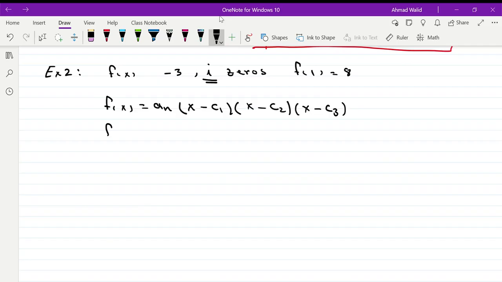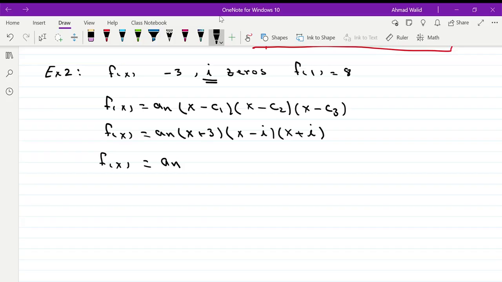Then f of x equals a sub n parentheses x minus negative 3, it means x plus 3, times x minus i times x plus i. Or you can say f of x equals a sub n x plus 3 times x minus i times x plus i. I did it in the first example, it gives you x squared plus 1. Correct?